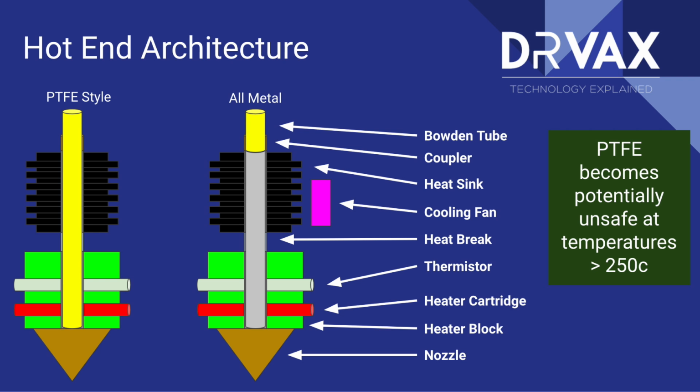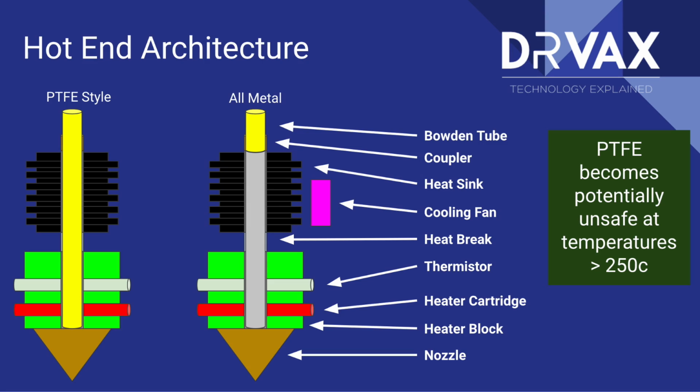Now, what that means is that you cannot heat a hot end with a PTFE tube into the hot area really above about 260 degrees safely. Why? Because when you heat Teflon above that temperature, this is 250, 260 Celsius, it gives off gases that are probably not good for you.